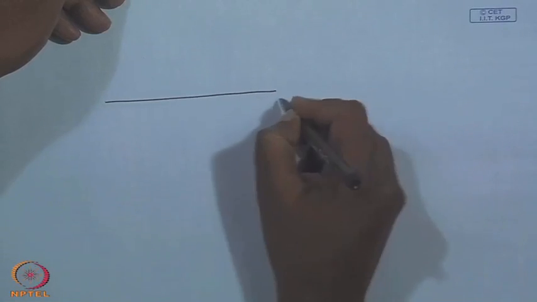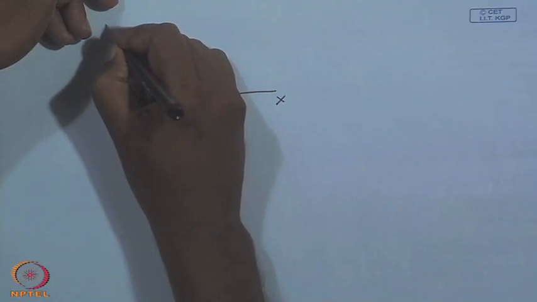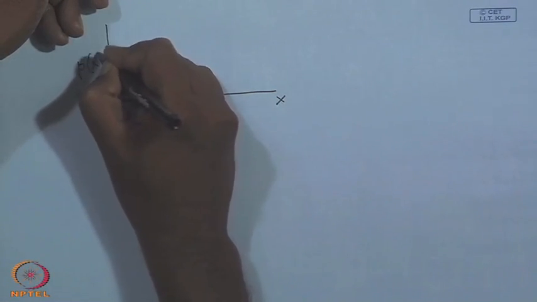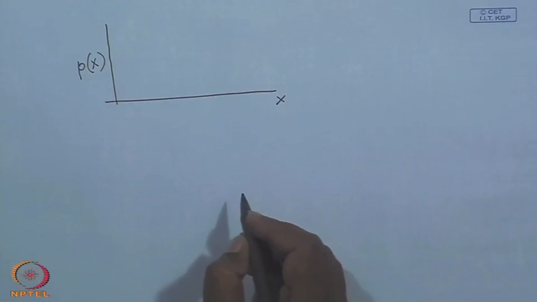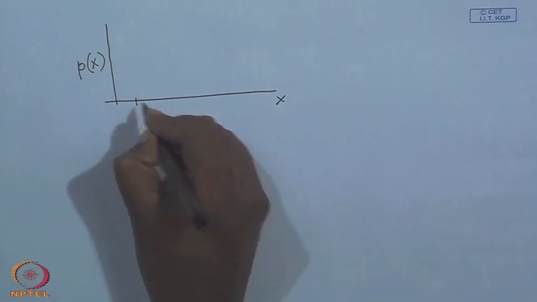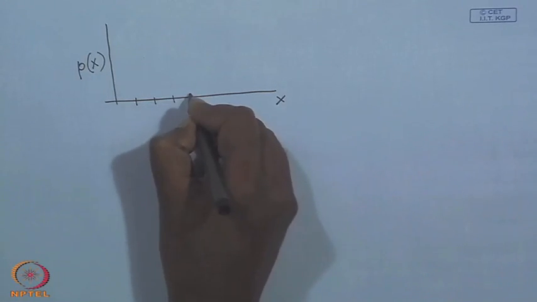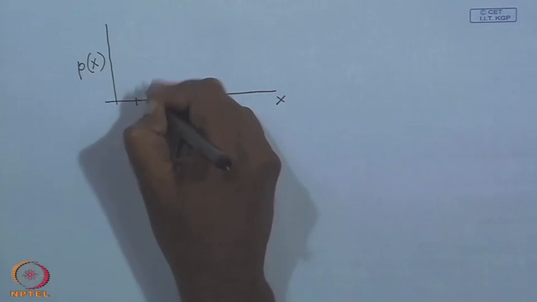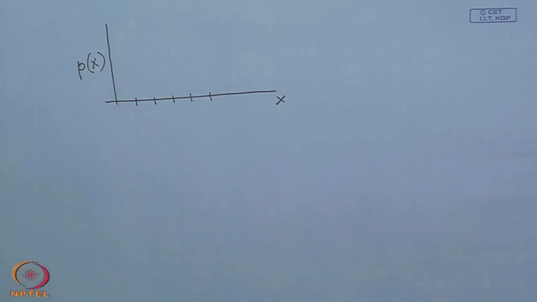So, in case of one dimension our bins are actually line segments like this. If I have variable x and on this axis I plot the probability density function p x, then what you have done is the x axis is divided into a number of bins or cells, and within a cell we have assumed that the probability density function is constant.